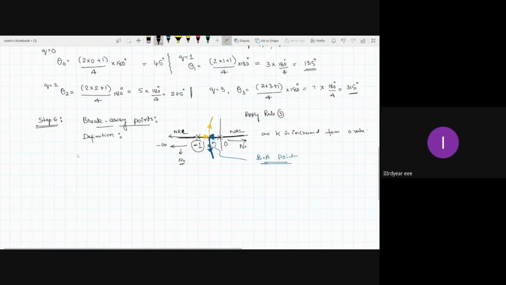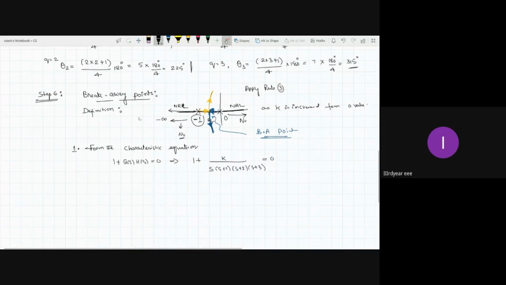Step one: form the characteristic equation. So what's the characteristic equation? 1 plus G(s)H(s) is equal to 0. That implies 1 plus G(s)H(s), which is already given, so K by s into (s plus 1)(s plus 2)(s plus 3) is equal to 0.